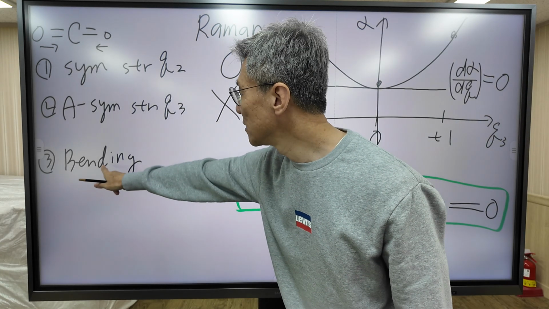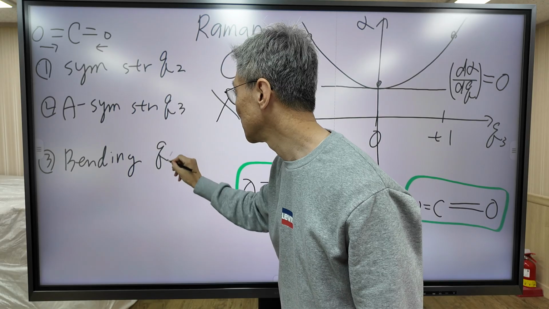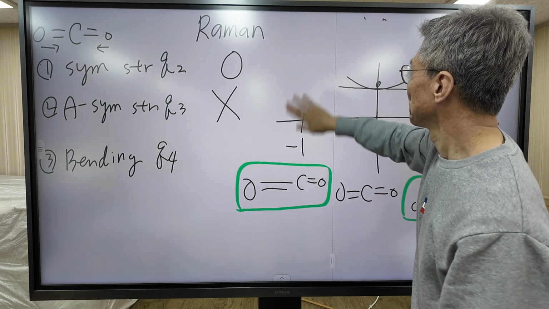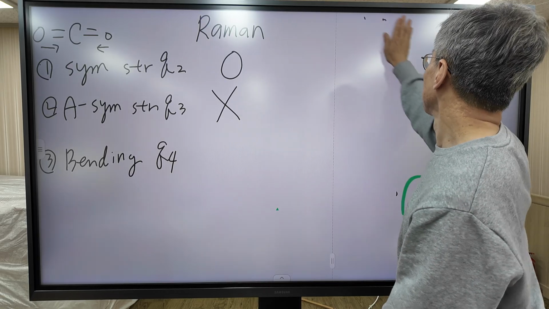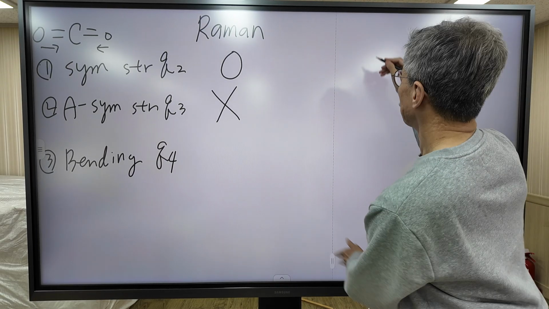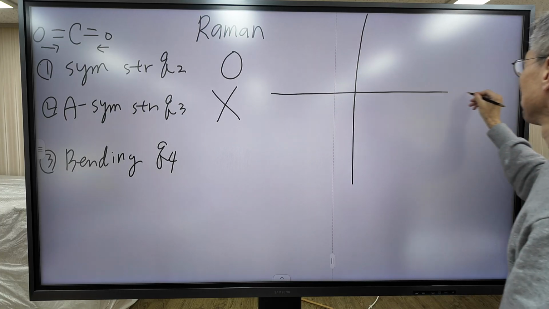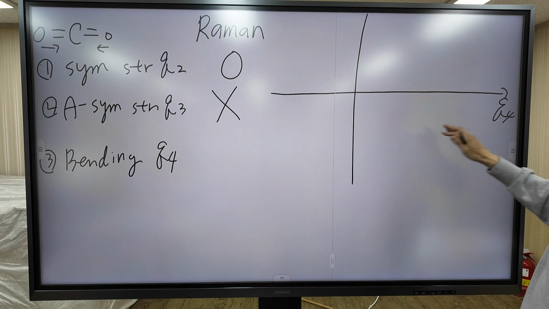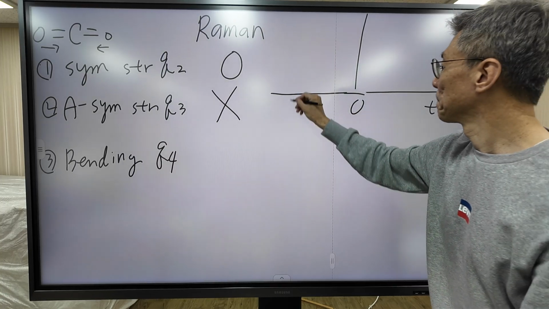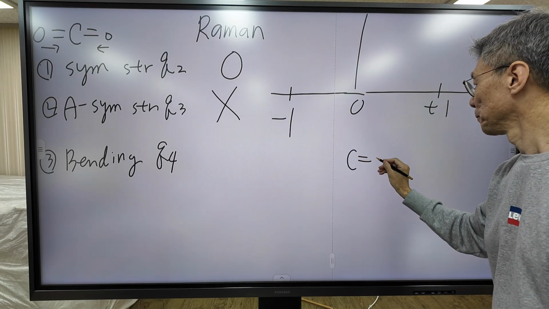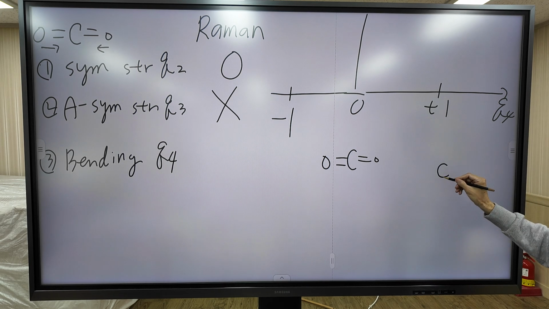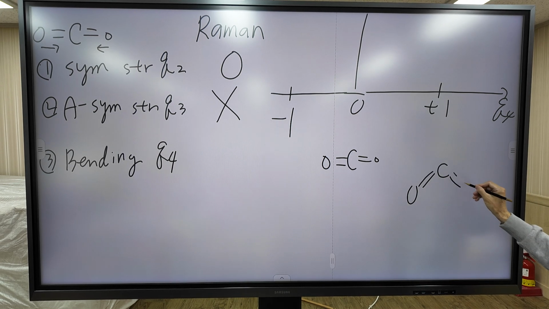Now go to the bending motion. I will call the bending motion Q4. When Q equals plus 1, the molecular shape looks like this.